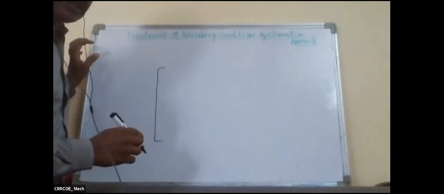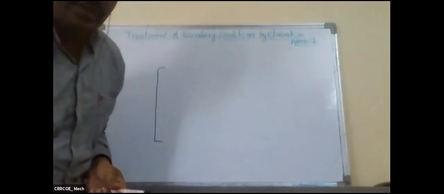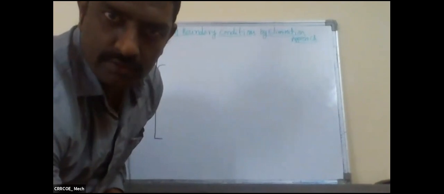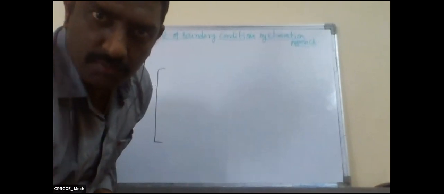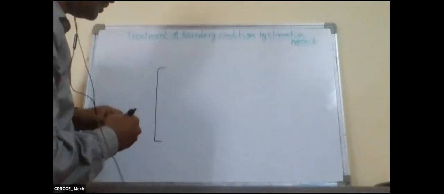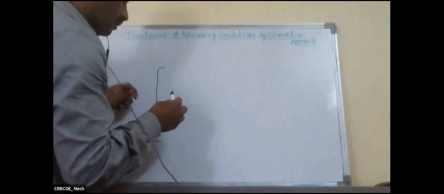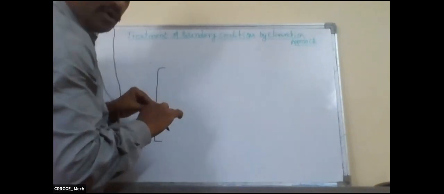So for any general structure, the standard form of finite element equation is global stiffness matrix multiplied with the global nodal displacements equal to global load vector.